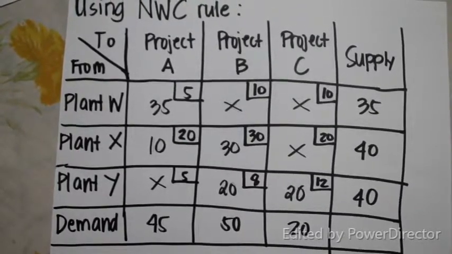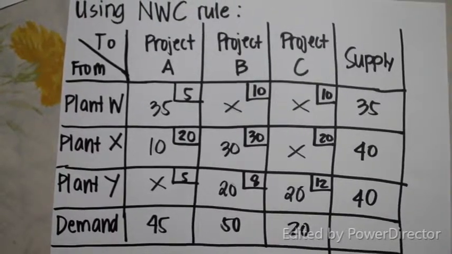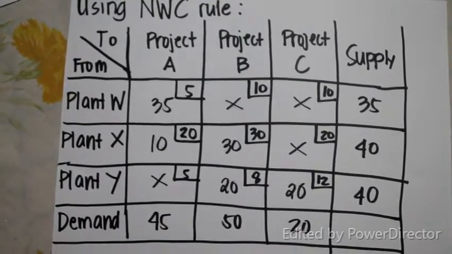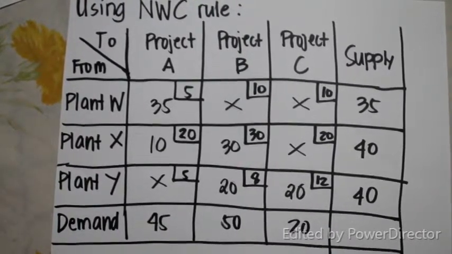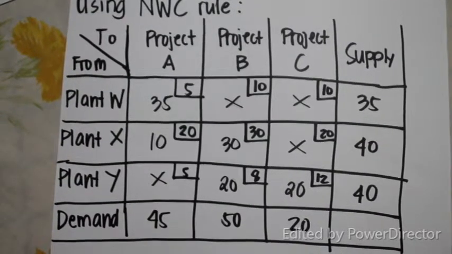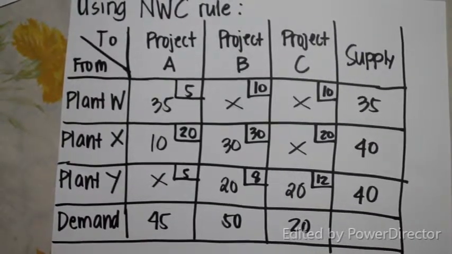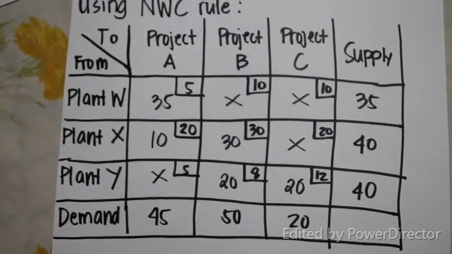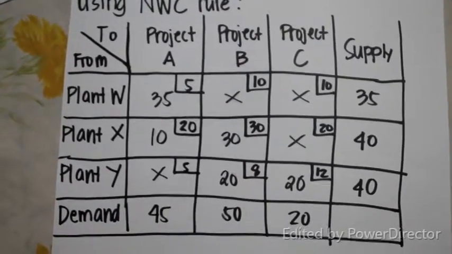The next one is at plant X, project B. Since we already allocated 10 at plant X, project A, and the supply capacity is 40, we need to allocate 30 at plant X, project B.